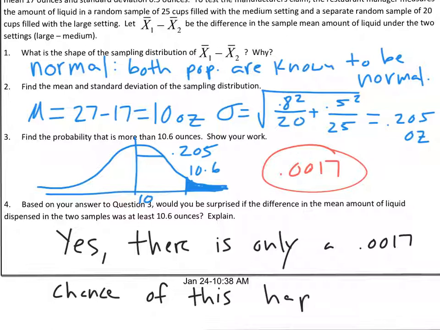Now it's worth noting the reason I said yes is I thought of my common alpha values like 0.1, 0.05, and 0.01, and this p-value is below all of them. So as far as the outcome described in number 3, we would say that it's rare.